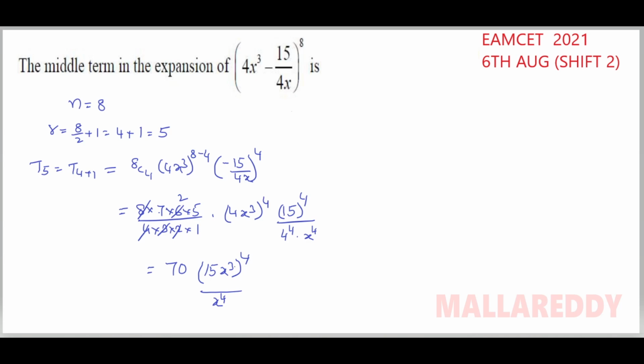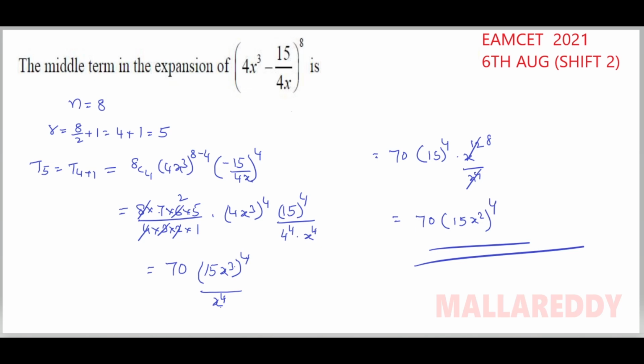So here x^(3×4) is 12. x^12 by x^4. That is equal to 70 into 15^4 into x^12 by x^4. Here x^4 cancelled. Here is, that is 8. That is equal to 70 into 15, here x^8, that is (x²)^4. This is the middle term in the given expansion.